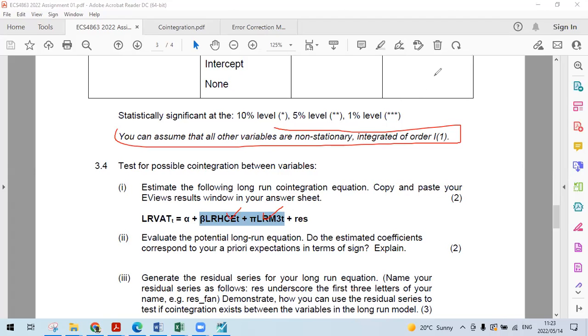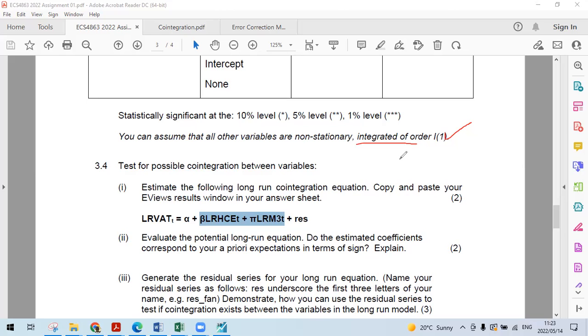Why are we having this assumption? If our variables are not integrated of the same order, you cannot move to co-integration using the Engle-Granger.